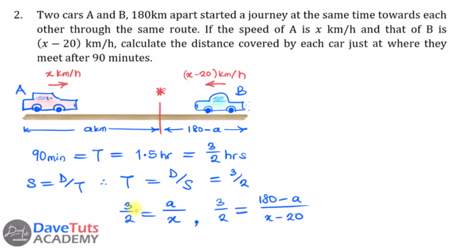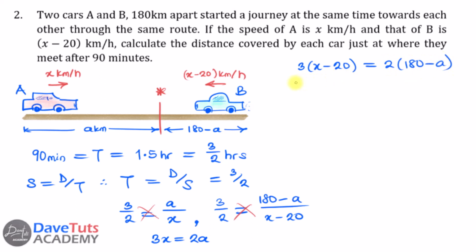Okay, so from here I may just choose to cross multiply, so that I have 3x equal to 2a, and from there I can decide on the formula as I will be needing it in this case. Now for this second case, I just want to cross multiply, and I will have 3 into x minus 20 is equal to 2 into 180 minus a.